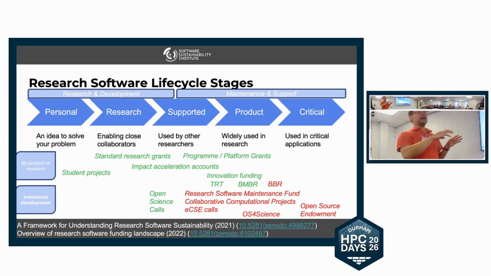And what I think is clear is that you need different sorts of funding for the different sorts of stages. And some of that funding is kind of coming as a byproduct of just doing the research itself, things like the standard responsive mode grants, impact acceleration accounts and so on, student projects, and some is about intentional development of the software.